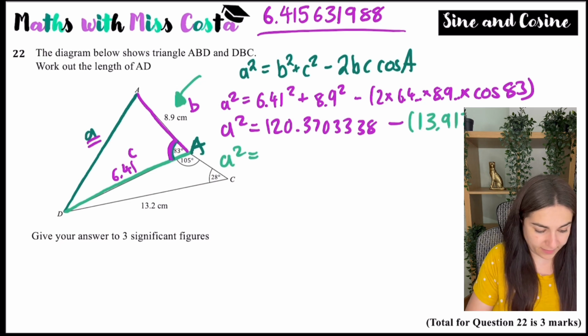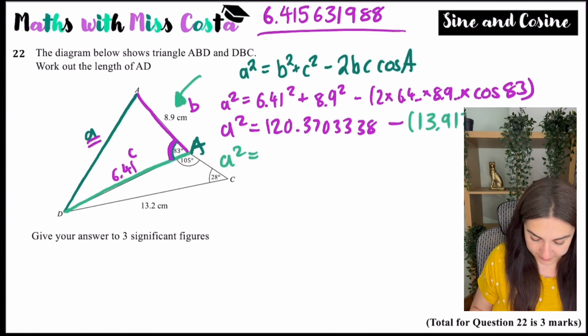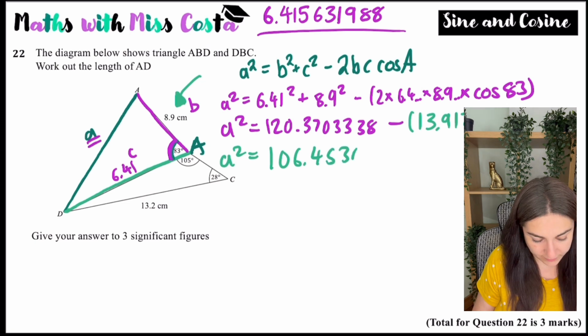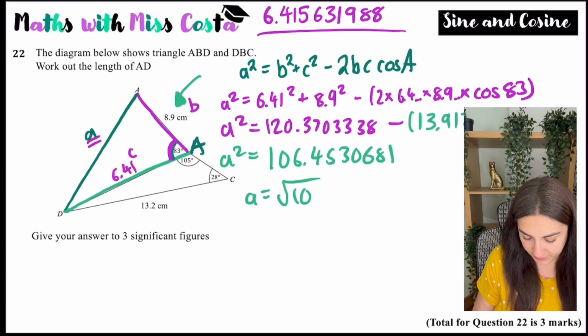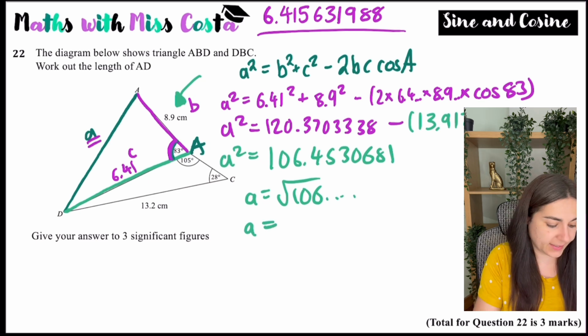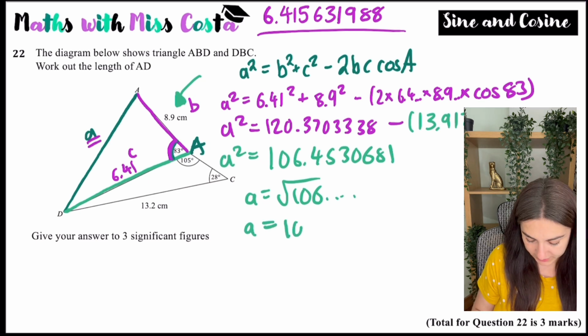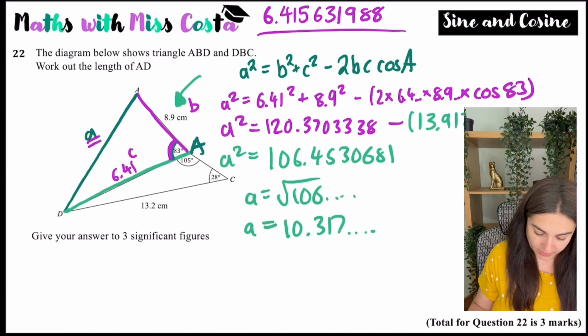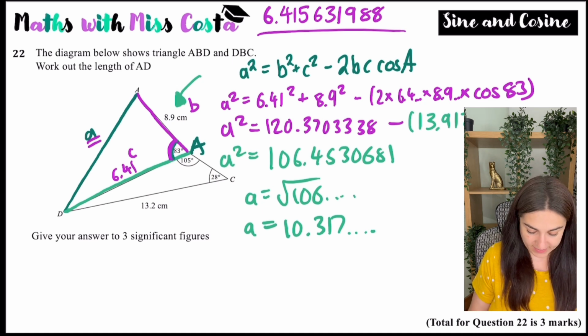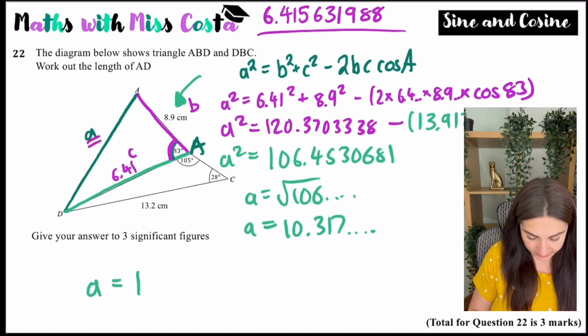A squared is therefore going to be 120.37 take 13.917, and that gives me 106.4530681. To work out a, I'm going to do the square root of this. So a is the square root of answer, which is 10.317. And that is what I'm trying to find out. I'm trying to find out the length of DA, and that is a. So a equals 10.3 to 3 significant figures.